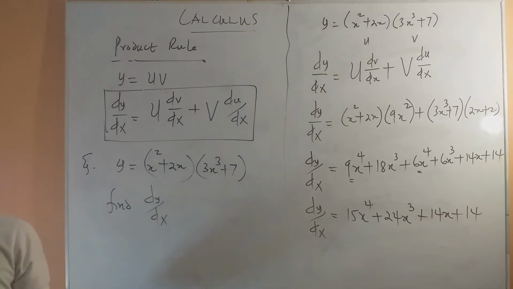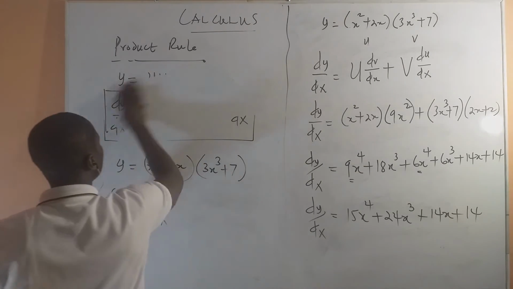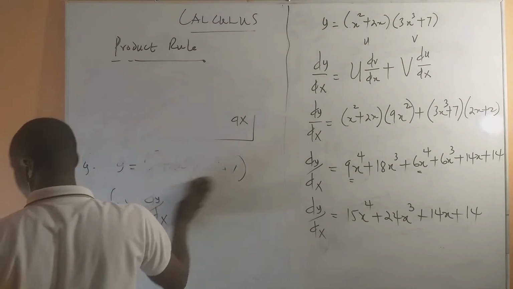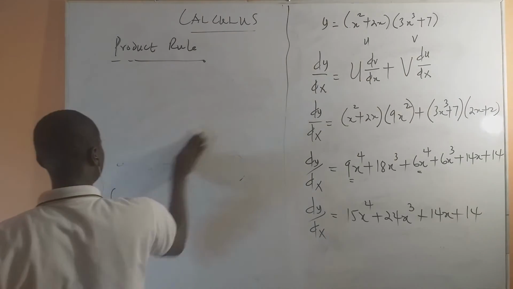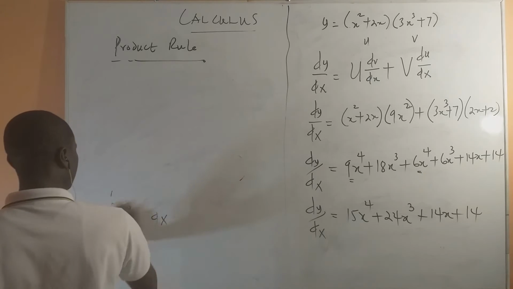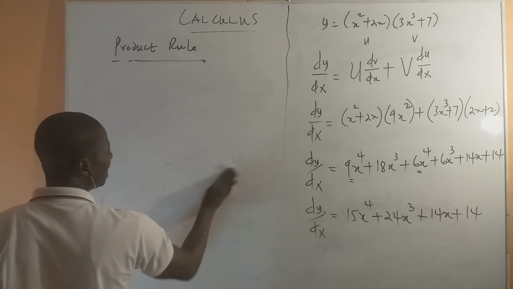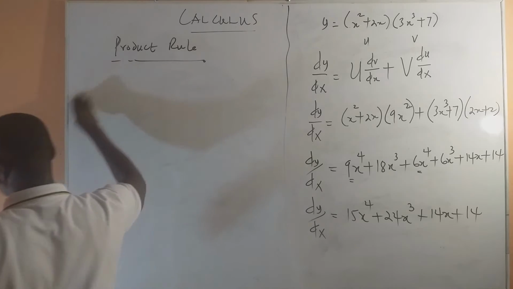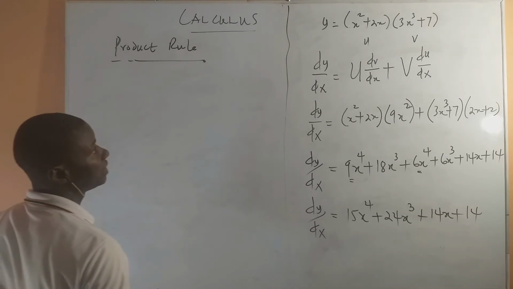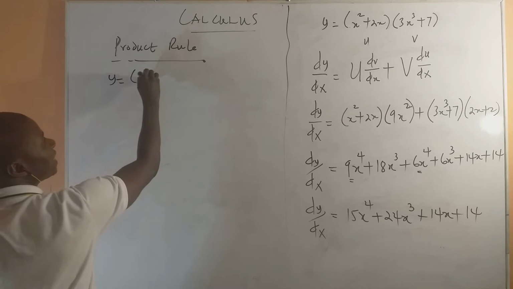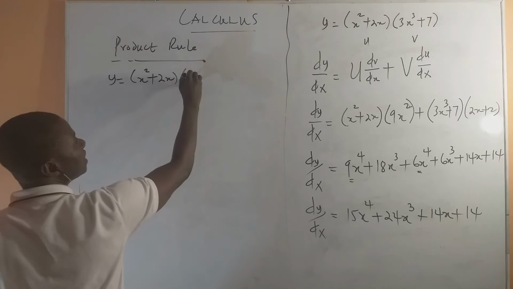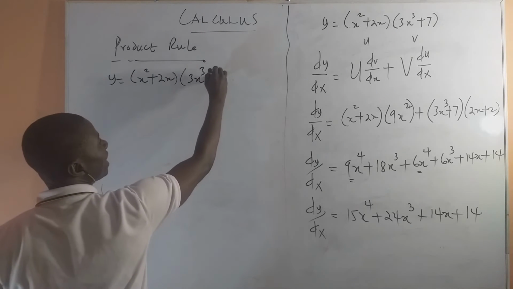Now, what we are going to do is expand the question that we were given. Let's expand the question and differentiate with respect to x term by term and see whether we are getting the same thing that the product rule is giving us. So the question was y equals x squared plus 2x, times 3x cubed plus 7.